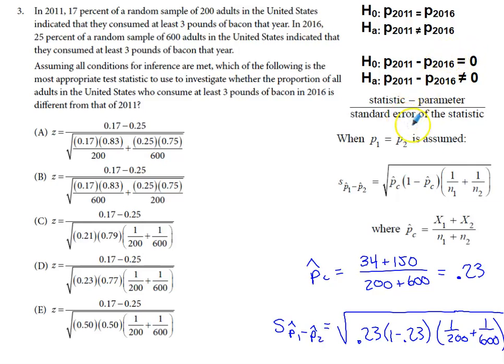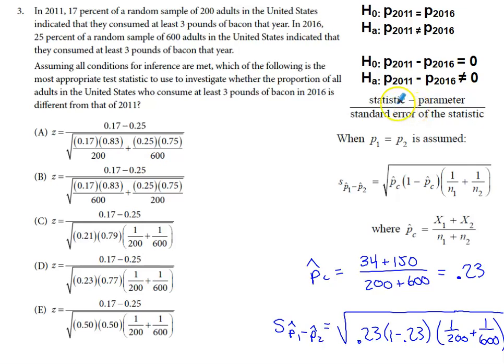Now, to compute a test statistic, in this case for comparing proportions with a sampling distribution for proportions, we're going to be using a z statistic. We're going to take the statistic, the value that we measure from our sample, minus the parameter. The parameter in a significance test is always what's true about the null hypothesis, and then we're going to divide by the standard error.